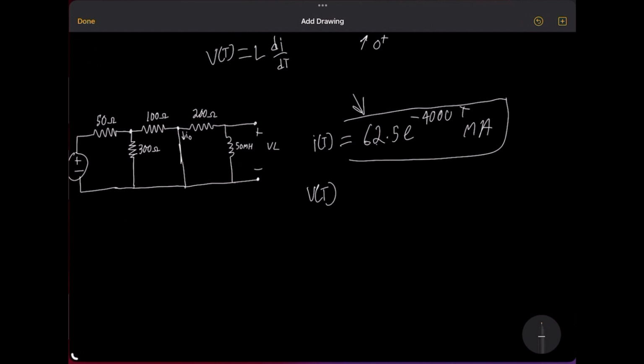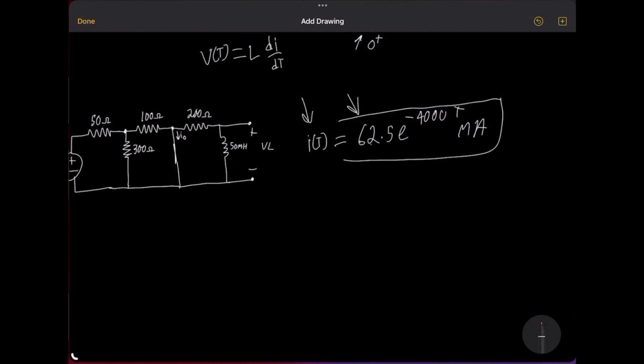So we know that the first derivative of this I of t times the inductor, as written in this equation up top, is equal to V, or voltage, with respect to time. Now let's grab that first derivative.